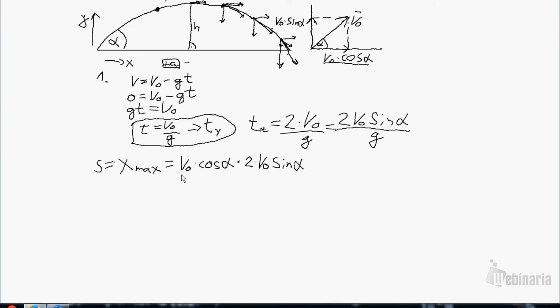Of course, we use our V0 times cosine alpha times the total amount of time. So 2 times V0 times sine alpha and G.